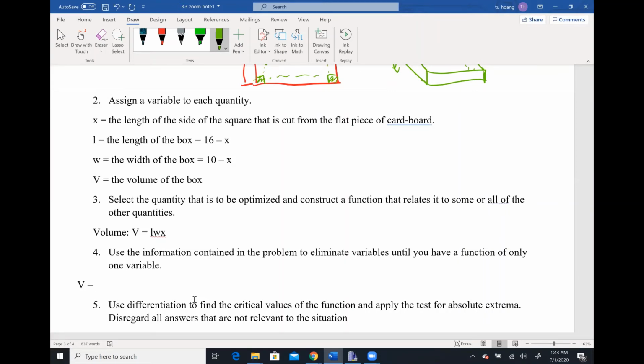I know L is 16 minus x and W is 10 minus x, so I will substitute to get only x. L here is 16 minus x, W is 10 minus x, and then x.